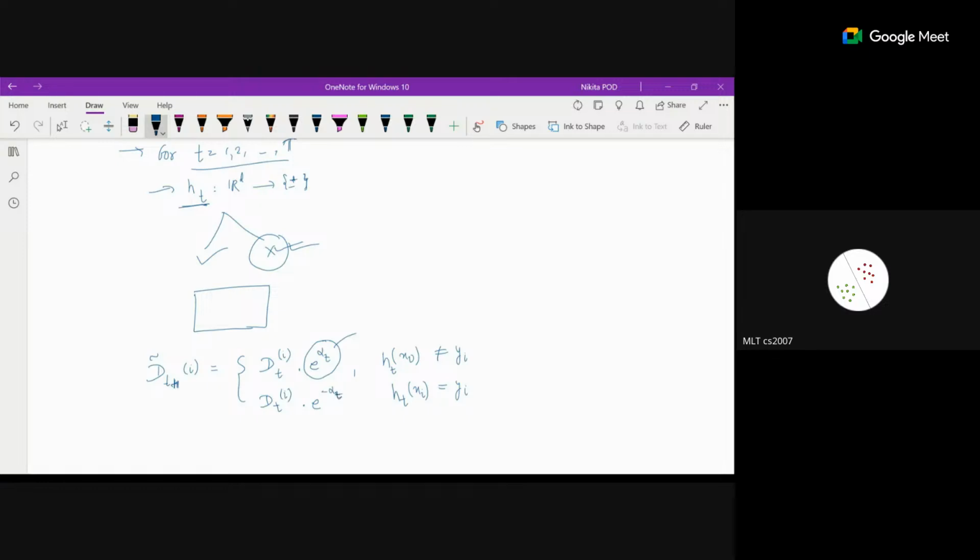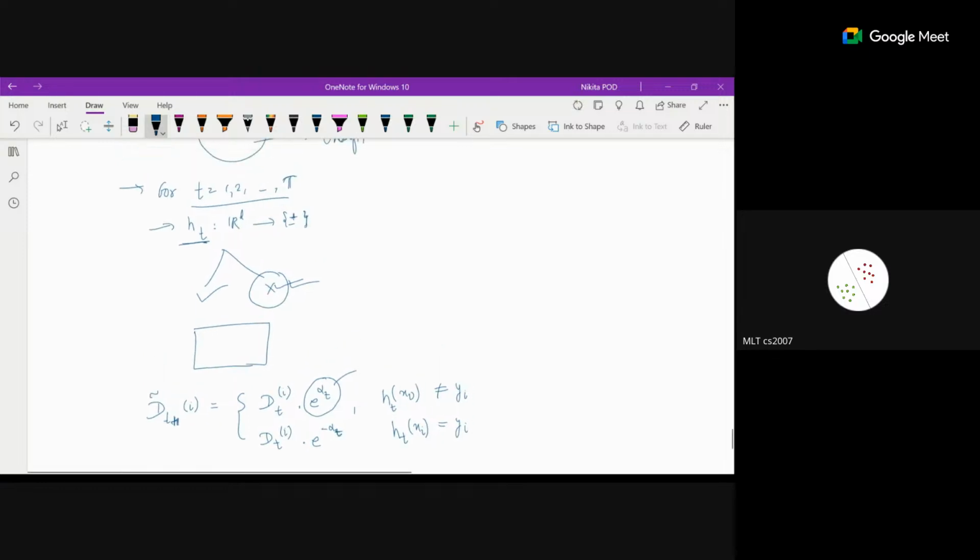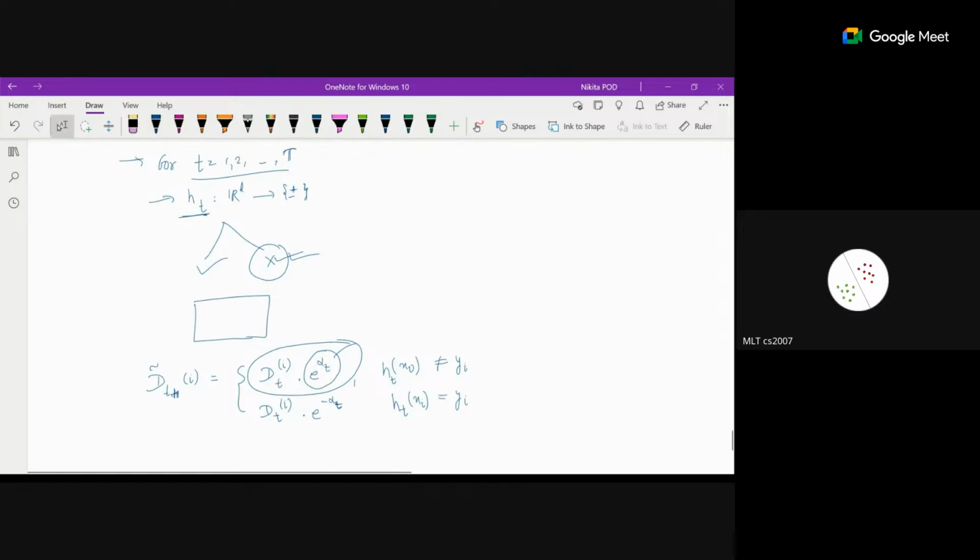So from here you can see that the data points which were incorrectly classified are given more weight, I mean, the probability of choosing those data points is now higher, because you are multiplying by e to the power alpha_t and it is an increasing function. And the probability of choosing the correctly classified data points in the next round is now lesser.